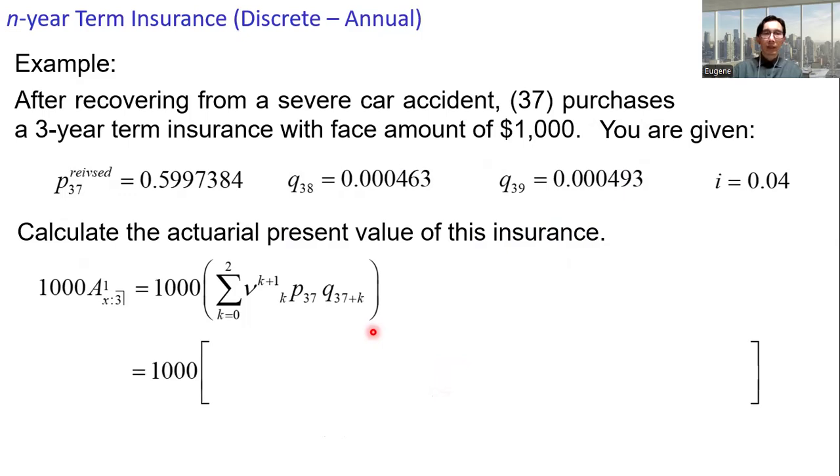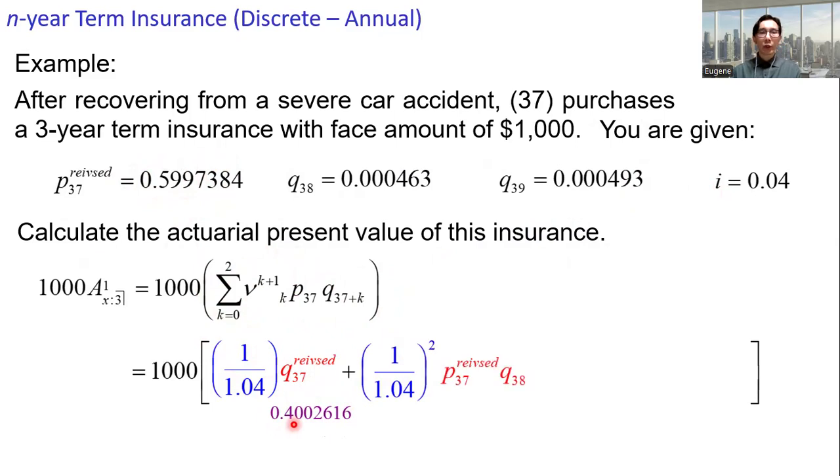Okay, the first term in the bracket: nu is 1 over 1 plus i, and then times the revised value of q_37. This is the probability that this individual dies before reaching age 38, which is 1 minus the revised survival probability p_37. And then the second term, nu squared, times the revised value of p_37 times q_38.